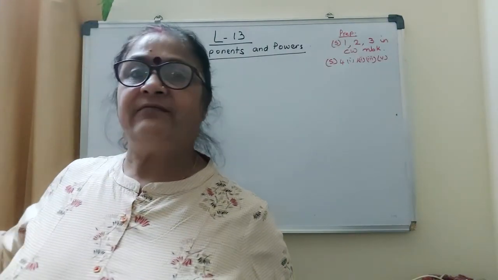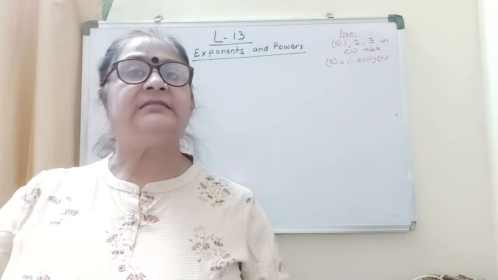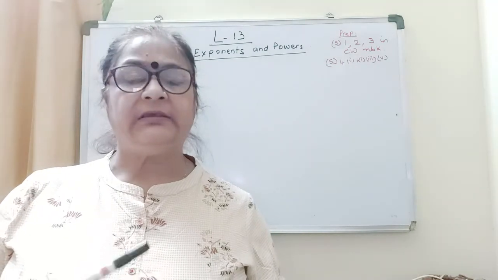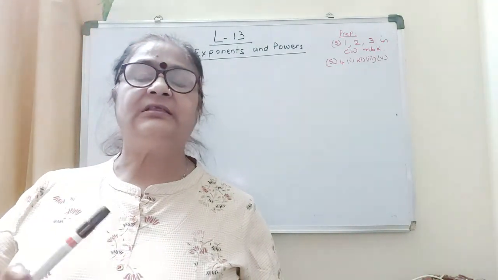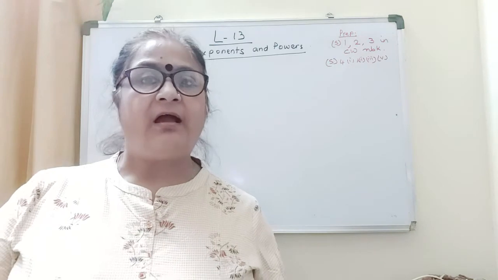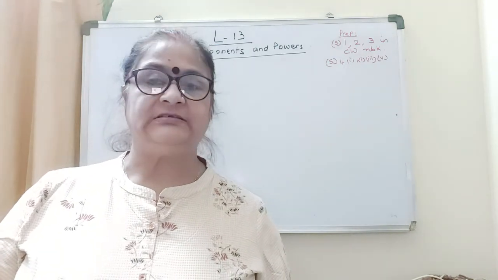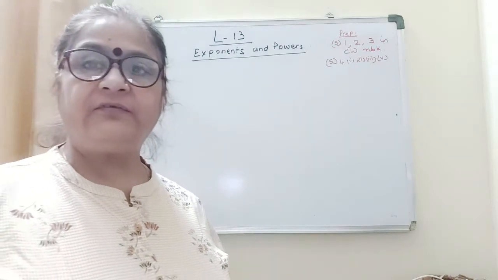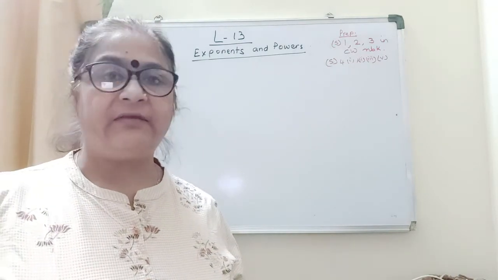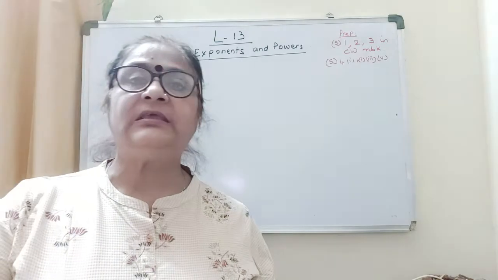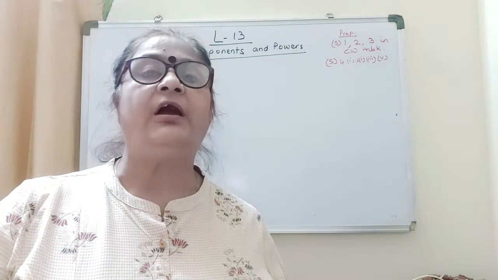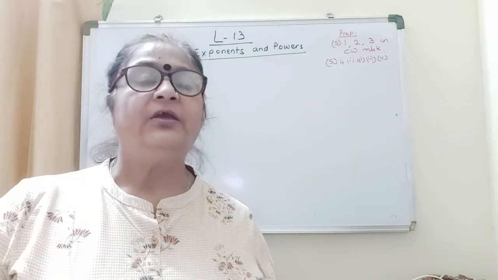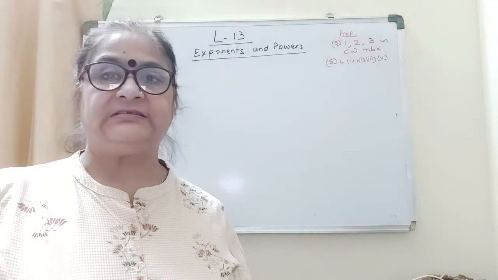Question number 5 is also done the same way, but here the factors are different. Method of doing it, working, everything is same. The only thing is you have to be very careful about your division when you are doing prime factorization.